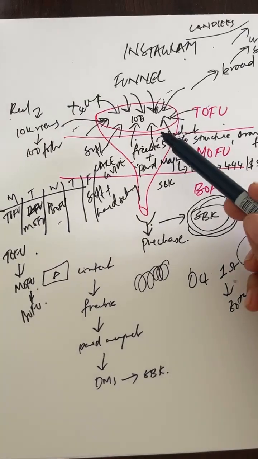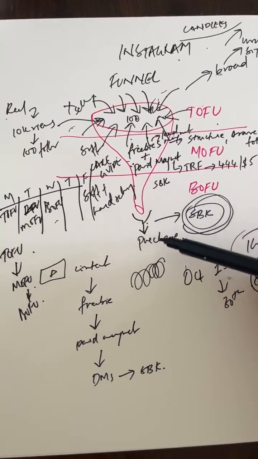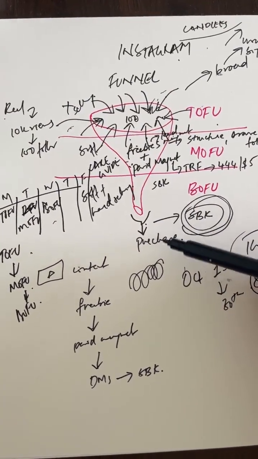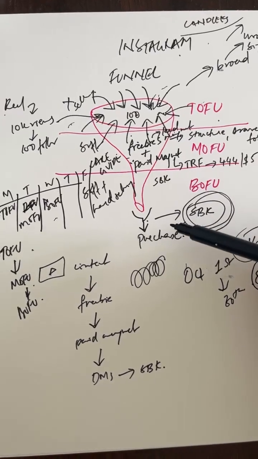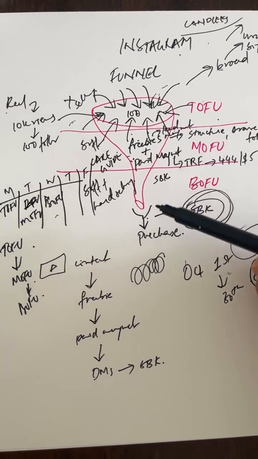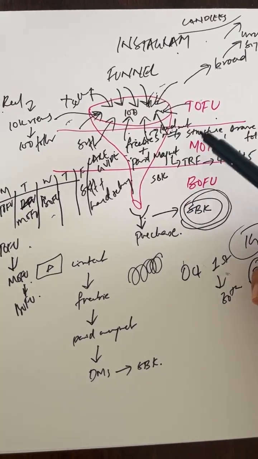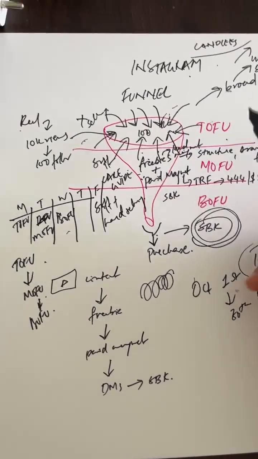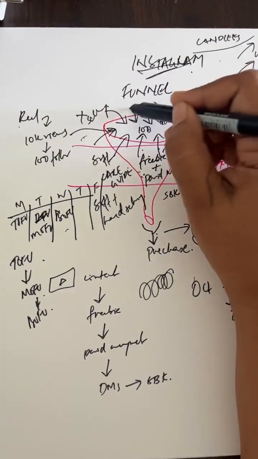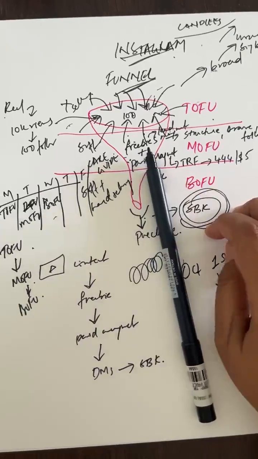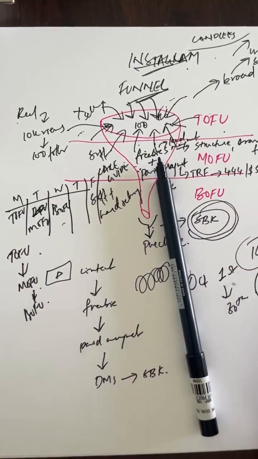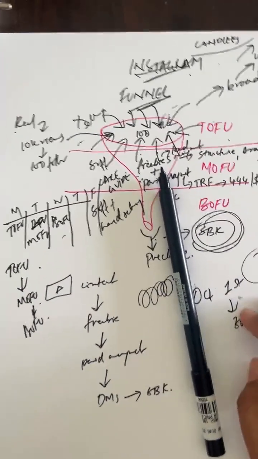Why am I getting followers but not purchases, or why is my reach tanking? I am getting a few inquiries, but it's not increasing. My reach is not increasing. My engagement is not increasing. That's because your funnel has a problem. So fix your funnel and your Instagram will become a very mean client machine for you.